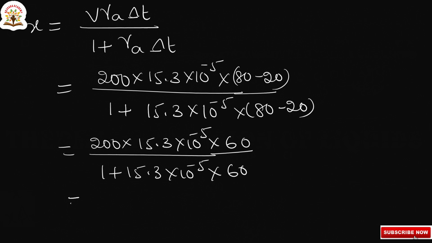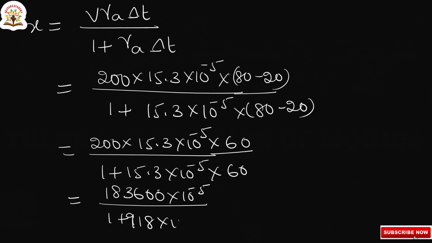After doing the multiplication, we get 1836 × 10⁻⁵ by 1 plus 918 × 10⁻⁵. So we get x is equal to 1.83 by 1.00918.